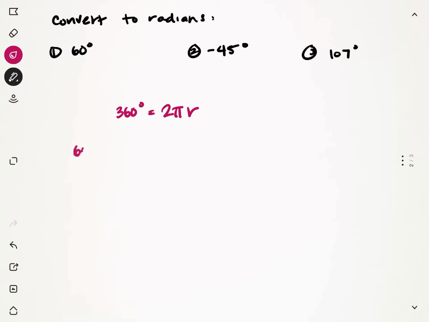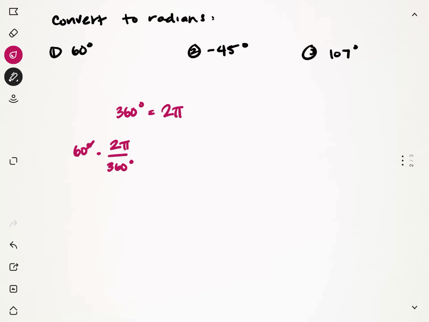So in this case, we have 60 degrees, and we're going to multiply that by a fraction. The only way we're going to cancel the units is if degrees is in the denominator. So we're going to put 360 degrees in the denominator, and we're going to put the 2 pi in the numerator.